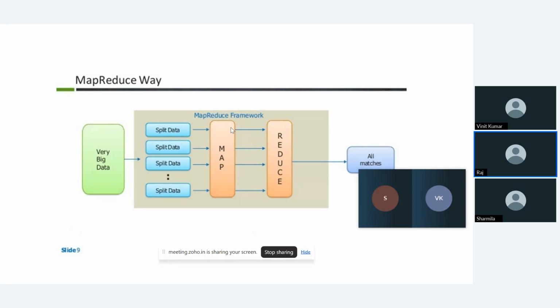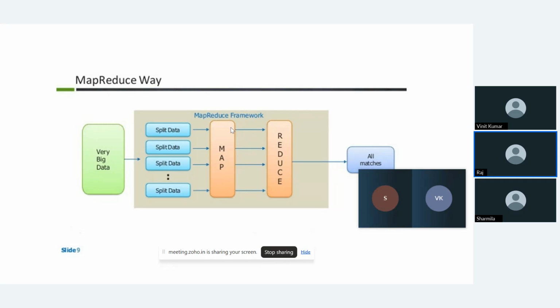So map takes the input in the form of key value pair and also gives output in the form of key value pair. Once we have the output of the mapper, the reducer's work is to reduce, meaning it combines the data it got from the mapper and gives the final result.